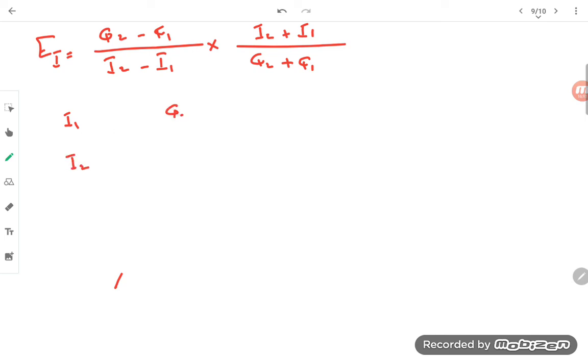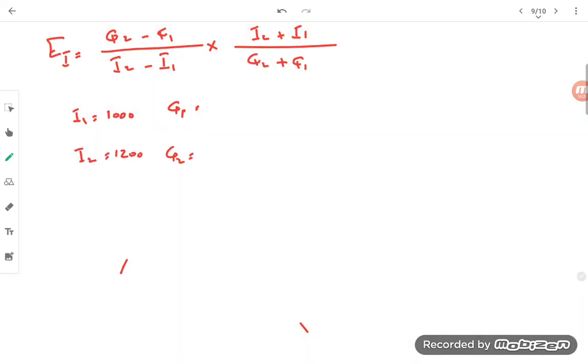We have to find Q1 and Q2 and I1 and I2. In the last point, we said that income increases from 1,000 to 1,200, so I1 is 1,000 and I2 is 1,200. And we have calculated the equilibrium quantity as 24 in the initial situation, which is at income 1,000, and 30 after the change in income level.